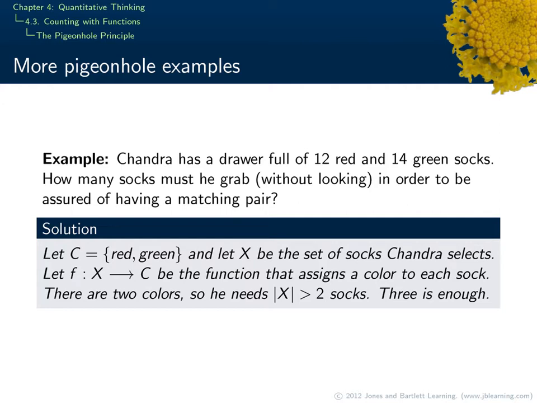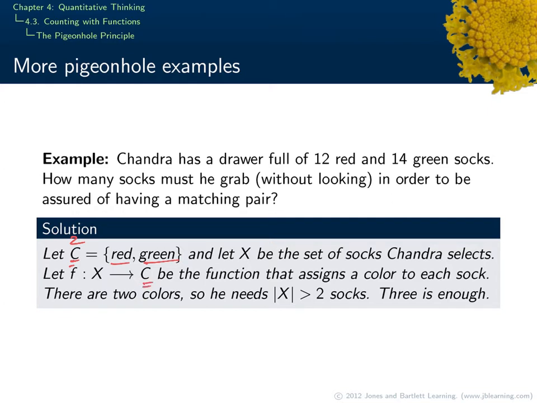So if we let C be the colors of these socks, red and green, there are 2 elements in C. If we let X be the set of socks that Chandra selects, we define a function from X to C where, if we evaluate f at a sock, we're just checking the color of the sock.